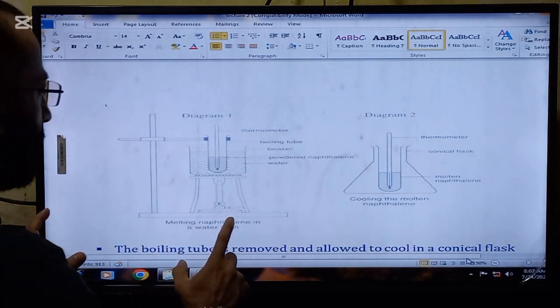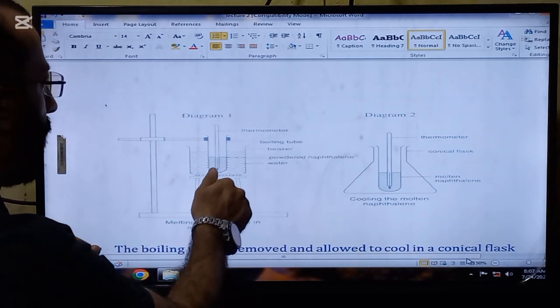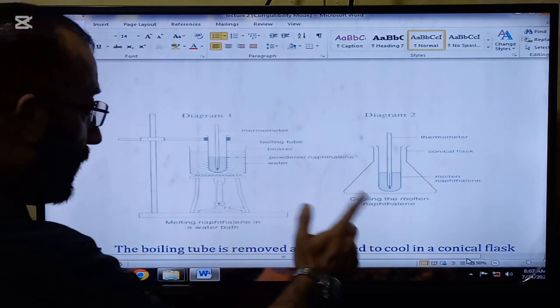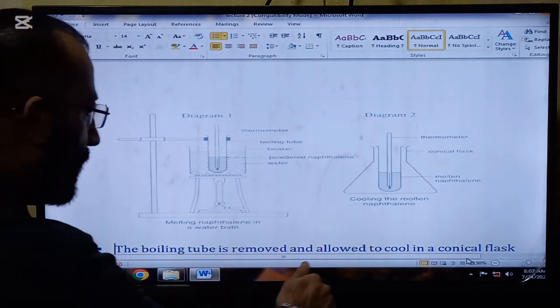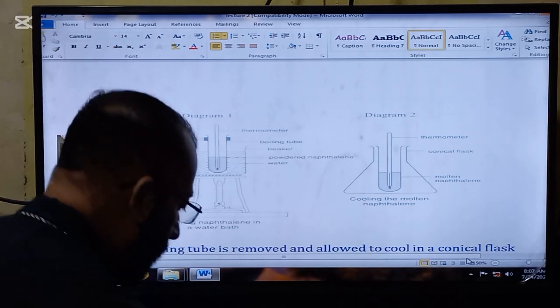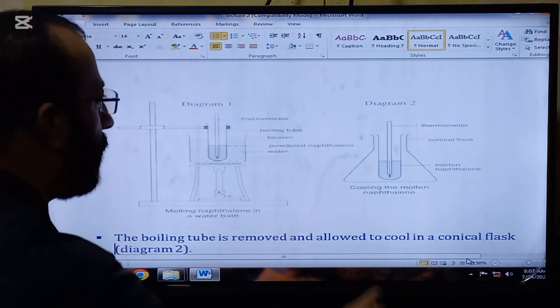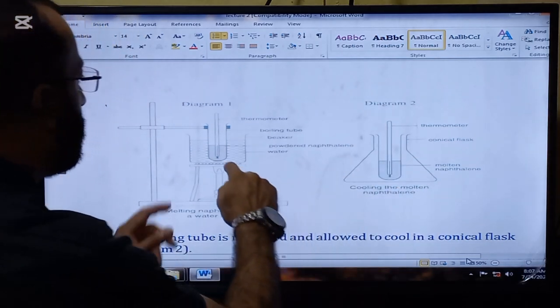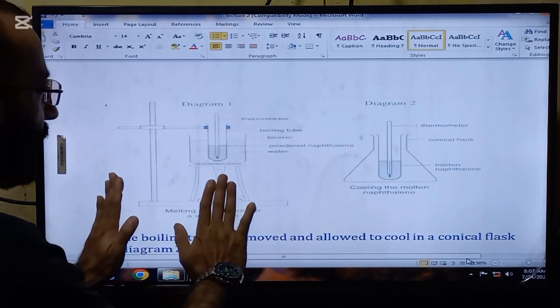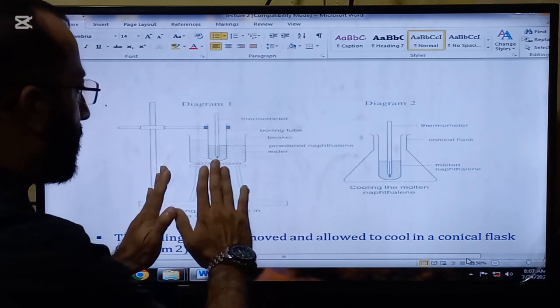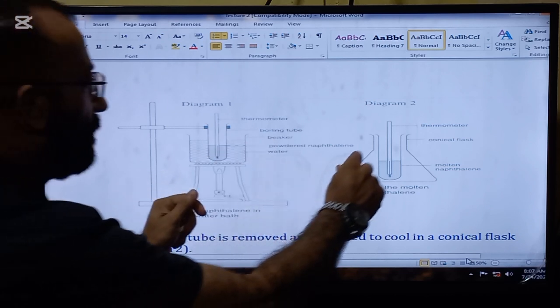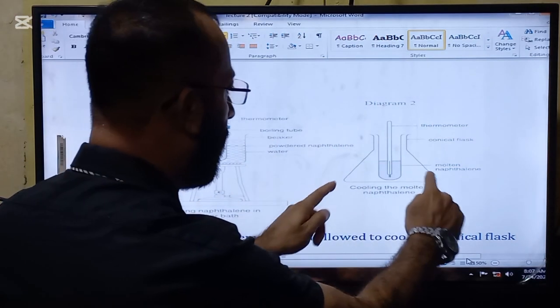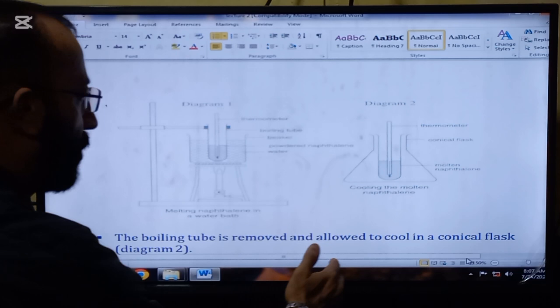Okay, so first you have noted the melting point of the naphthalene. Now the second step is that the boiling tube is removed and allowed to cool in a conical flask. So look now, here is the conical flask. As the naphthalene has melted, we will remove the boiling tube, put this tube into a conical flask, and allow it to cool.